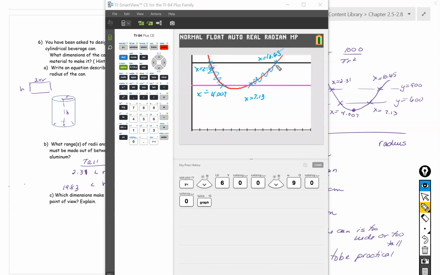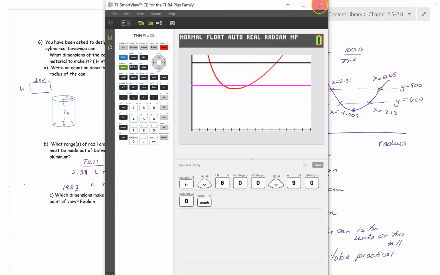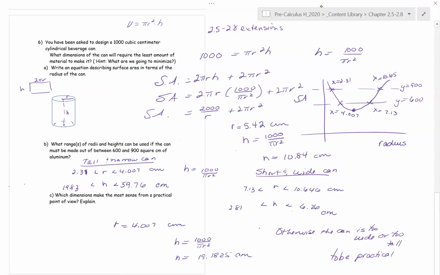You could use your equation for h that we used earlier, h is 1,000 over pi r squared, to find the corresponding heights. Now we're just trying to think about what would be the dimensions of our can. Here I wrote them down for you. Notice these r values would be within our parameters.